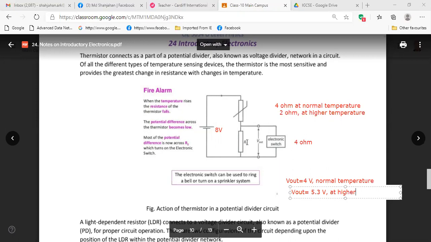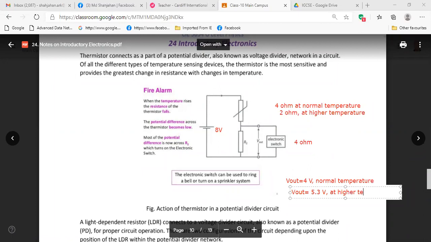Is it clear? Yes, sir. So at that time the fire alarm starts ringing, and there can be another system, like they are saying here, the sprinkler system will work. Is the whole statement clear now?